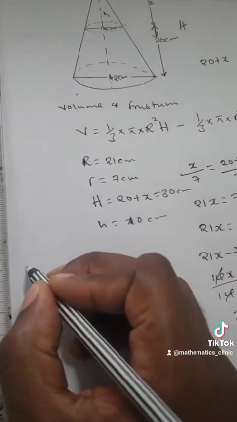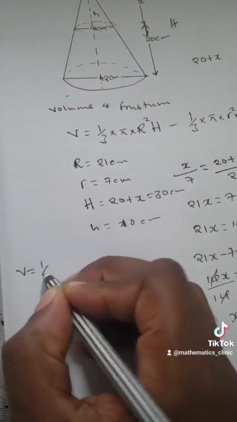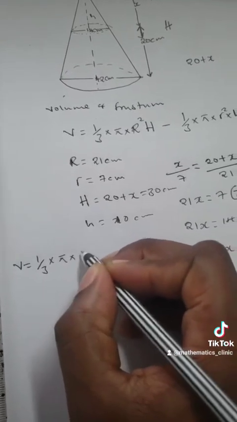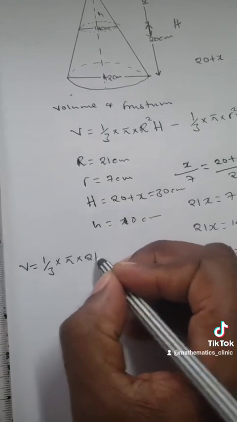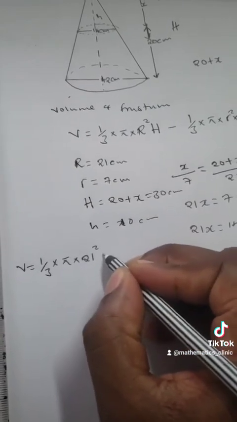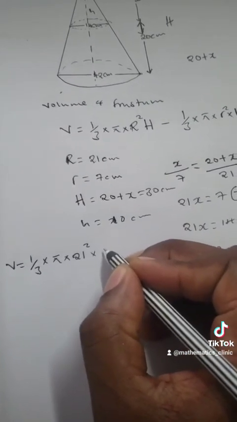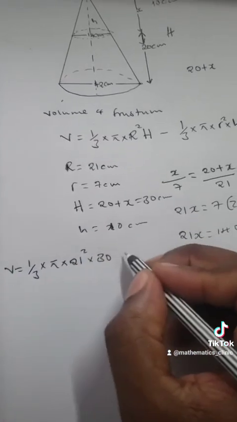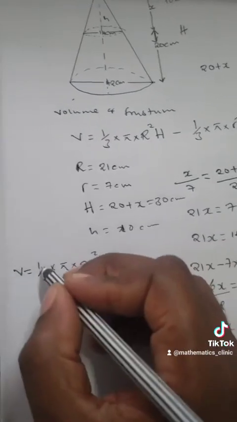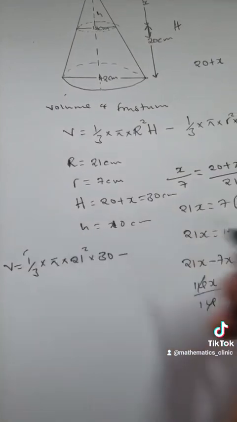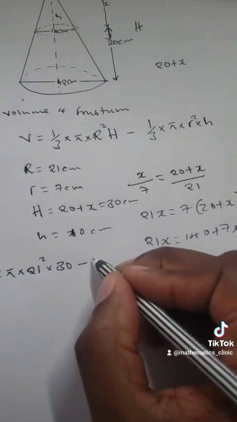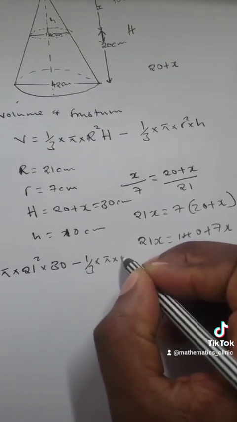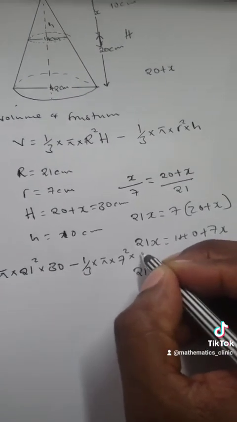V is equal to 1/3 times pi times the radius for the larger one, 21 squared, multiplied by the height for the larger cone, which is 30. Then minus 1 over 3 times pi times the radius for the smaller one, 7 squared, times the height, which is 10.